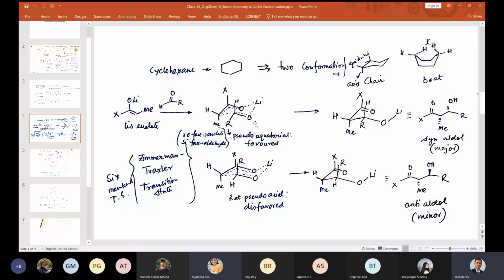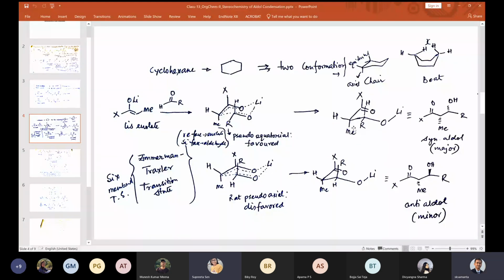Since the X group and the R group are trans to each other, there are no steric interactions. Steric interactions get minimized, and therefore this is a sterically favored conformation. After that the double bond attacks the carbonyl carbon of the aldehyde, and we get this product here.